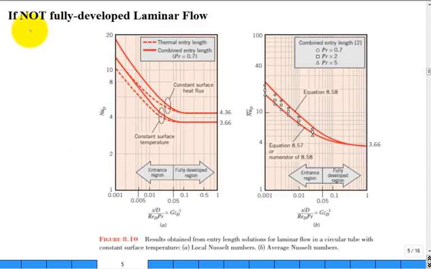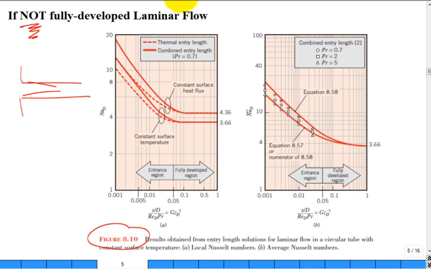What happens if you're not fully developed? You have a significant entrance region which is developing. Well, forget the analytic expressions. Use a figure out of the textbook. I'll just be honest, it's a little too complicated, too much time to give it on a timed exam. Hopefully you had a homework problem where you needed to do it.